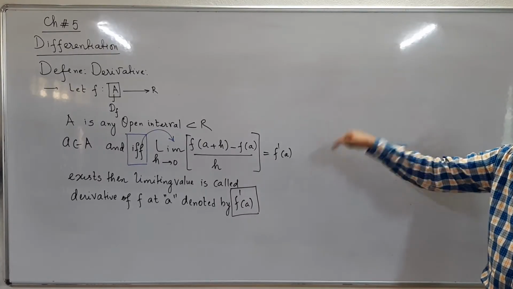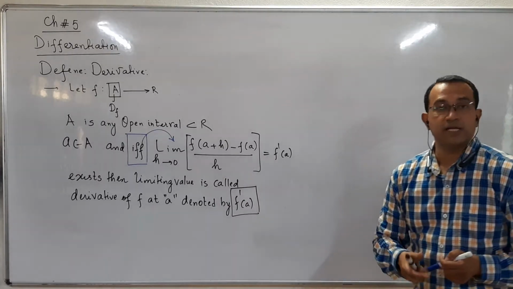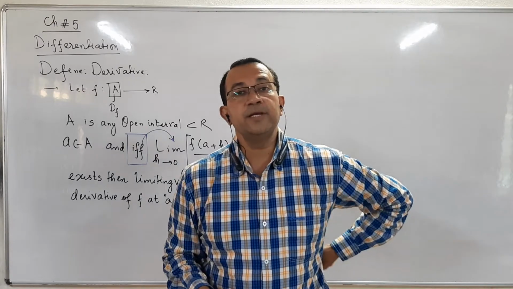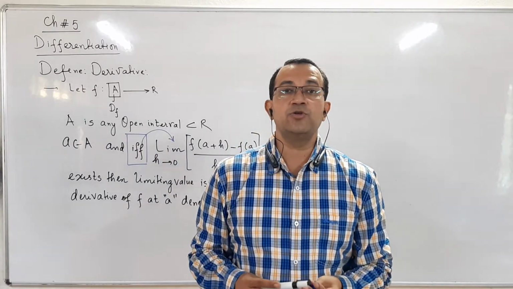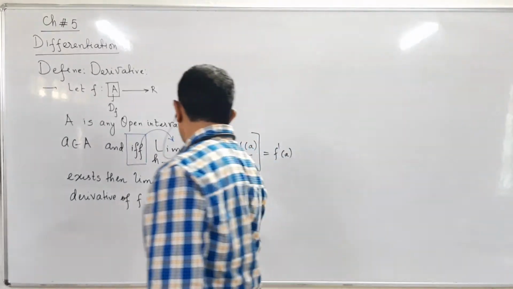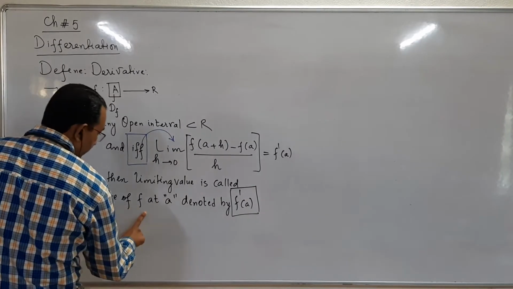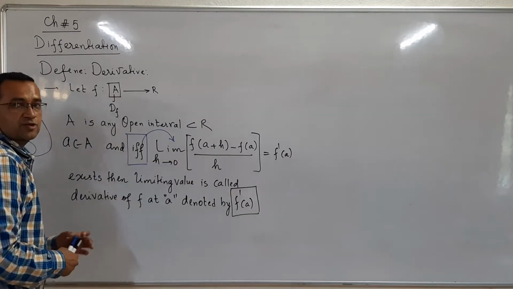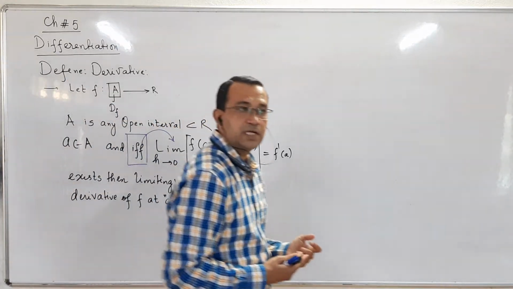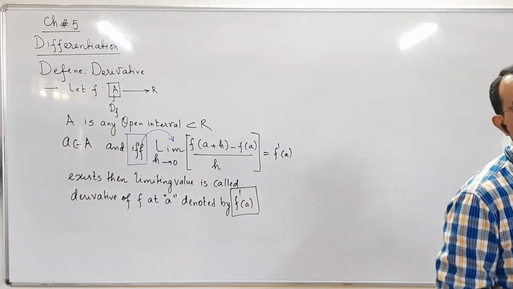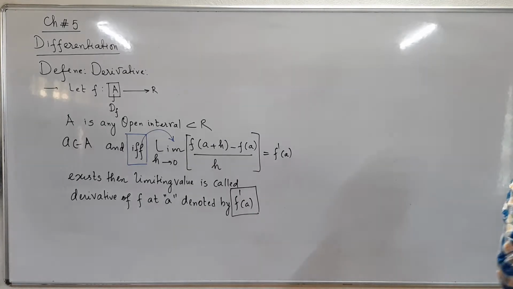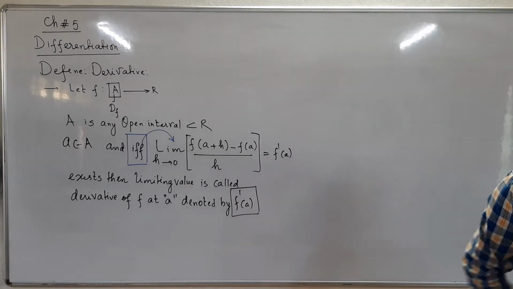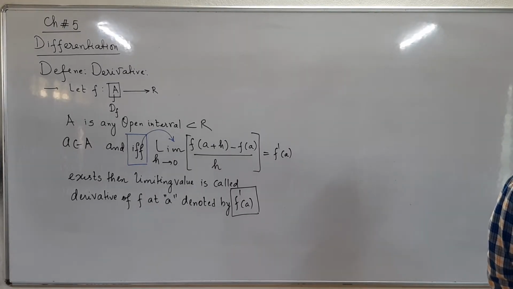If this limit exists, then the limiting value, that is, the answer of the limit, is called the derivative of f at the value a, which is denoted by f dash of a. So if it is the derivative at b, we denote it by f dash of b. If it is the derivative at c, we denote it by f dash of c.